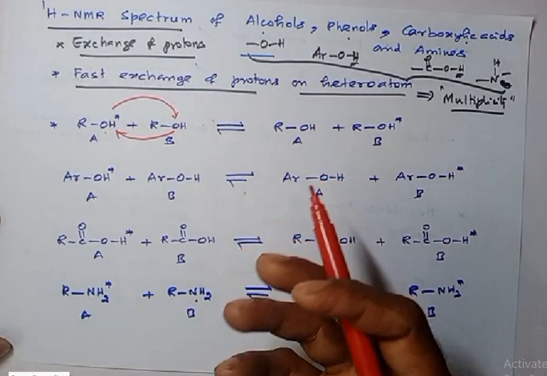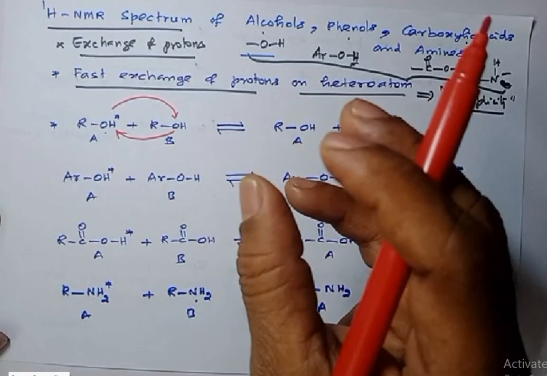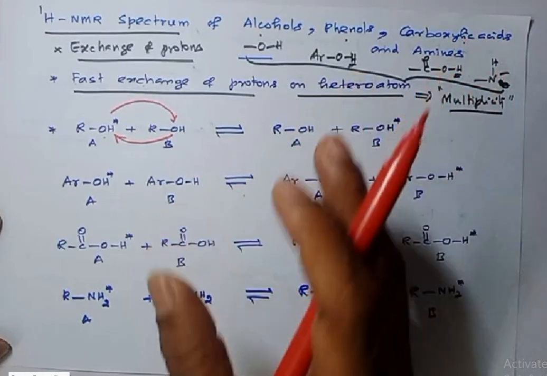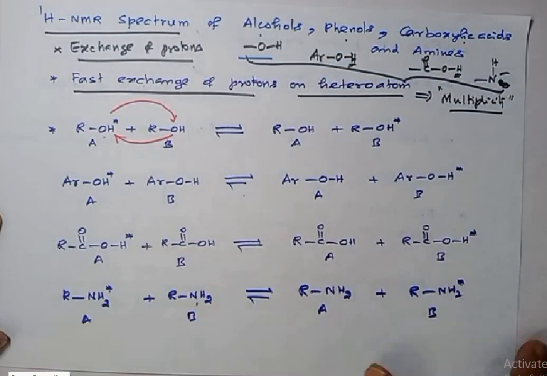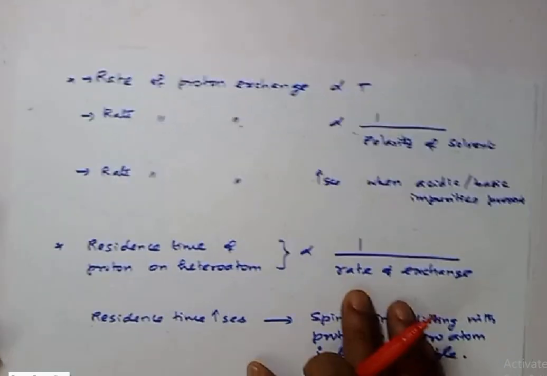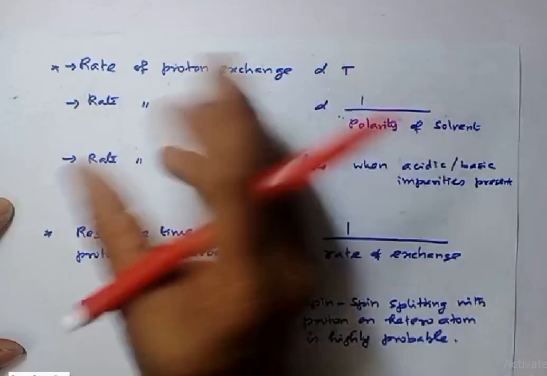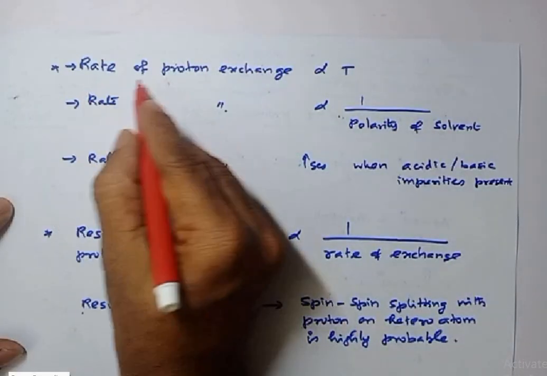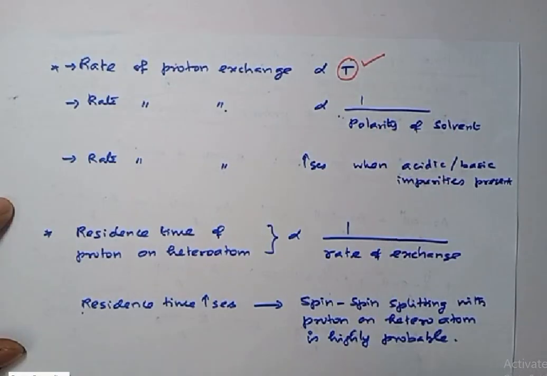What effect will this fast exchange make in the NMR spectrum? We will discuss that. Listen carefully. Rate of proton exchange, how fast the exchange will occur. The rate of proton exchange is directly proportional to the temperature of the system.